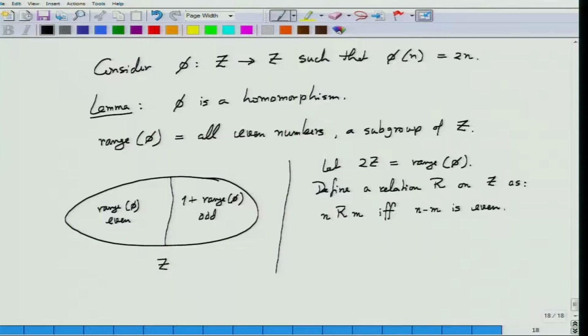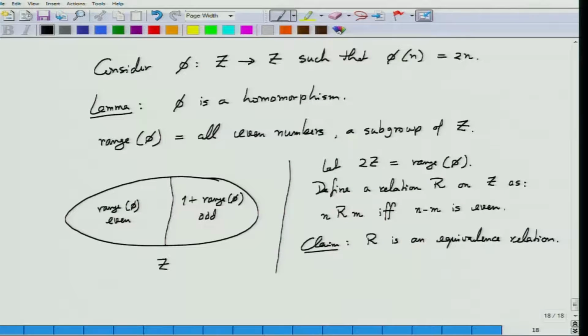We're defining a binary relation on Z, the set of all integers, and the relation says n is related to m if and only if n minus m is an even number. Do you remember equivalence relations? This relation R is an equivalence relation for obvious reasons.